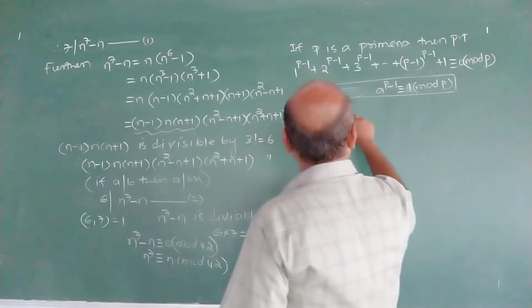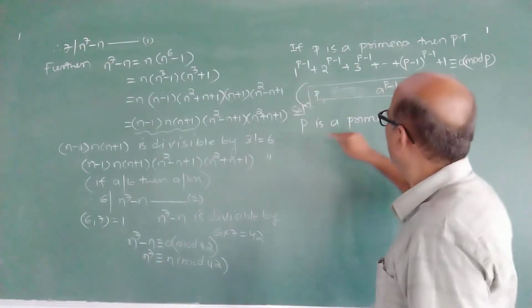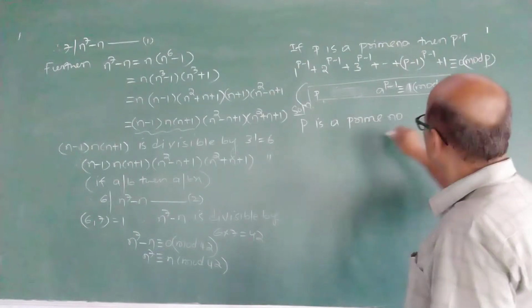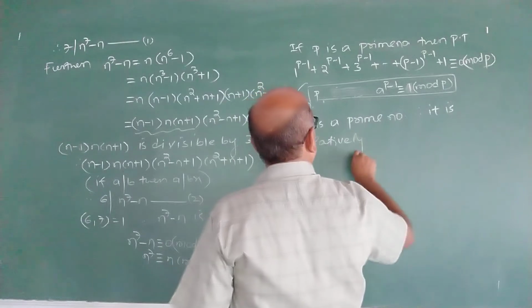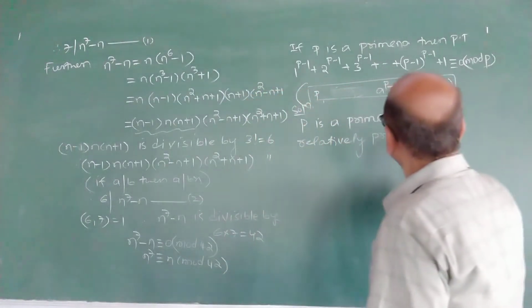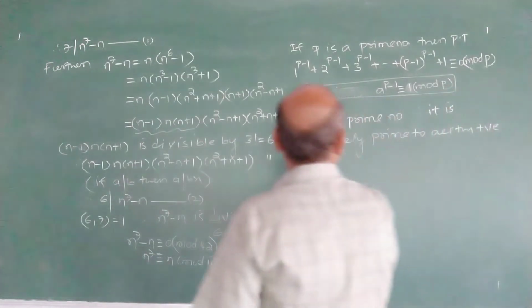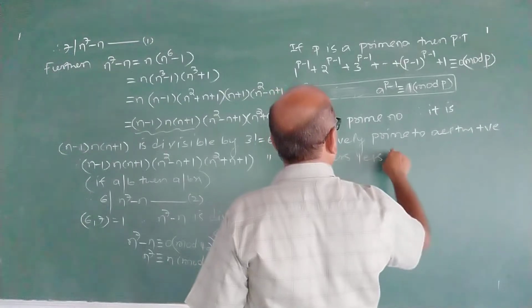P is a prime number. See the procedure, the solution for this problem. P is a prime number. Therefore, it is relatively prime to all the positive integers less than P.